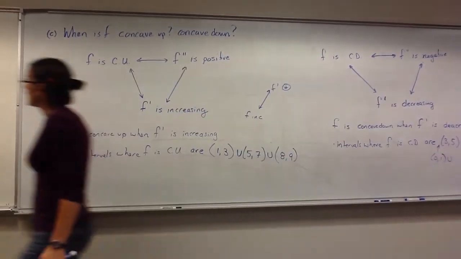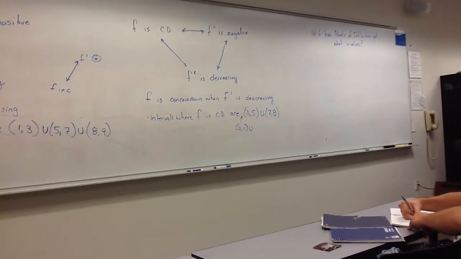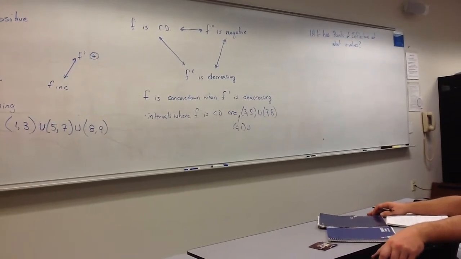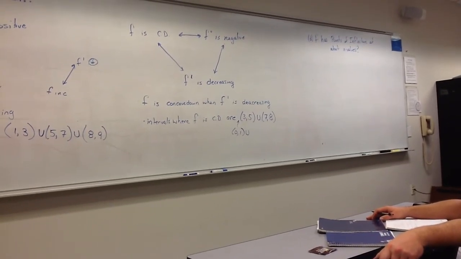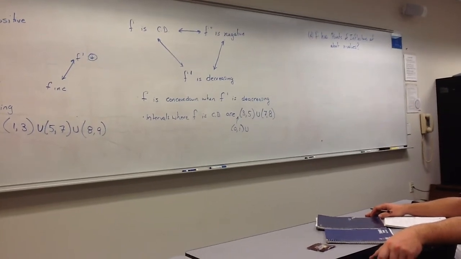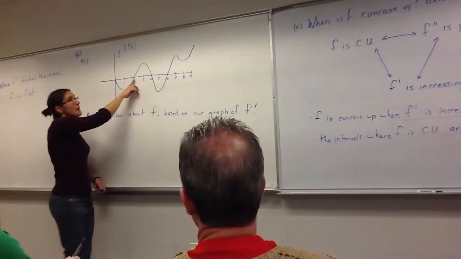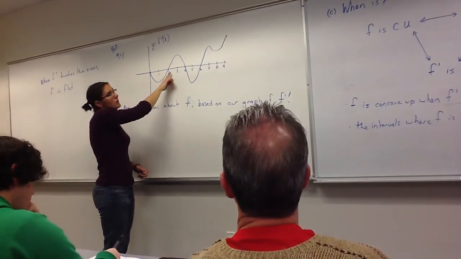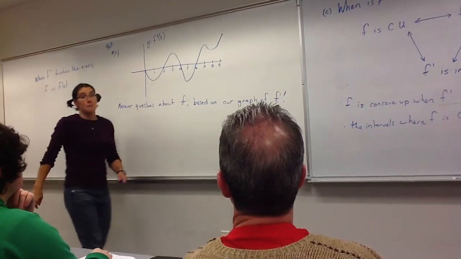Okay, and so you're going with 2, 4, and 6. So I would say that 2, 4, and 6 are places where f prime is equal to 0. And in fact, those are places where f prime changes from negative to positive. So that means that my f function is going downhill and then coming uphill. So that this here is a local minimum. So the places you described are local extrema.